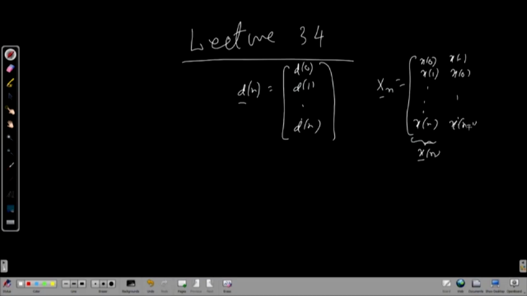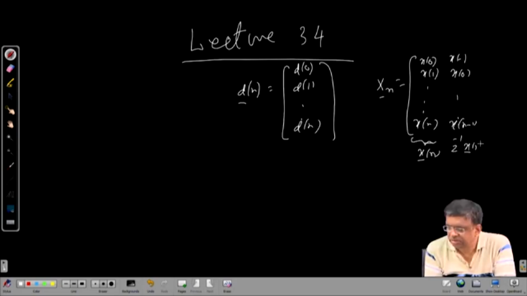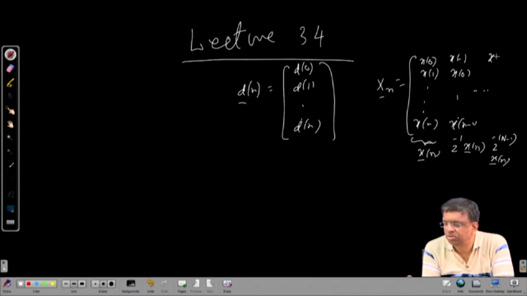If it is n, it is n minus 1, if it is 1, it is 0. So, our notation was this. We go up to z to the power minus n minus 1 x n. So, n minus 1 delay, so it is 0, that means minus n plus 1.